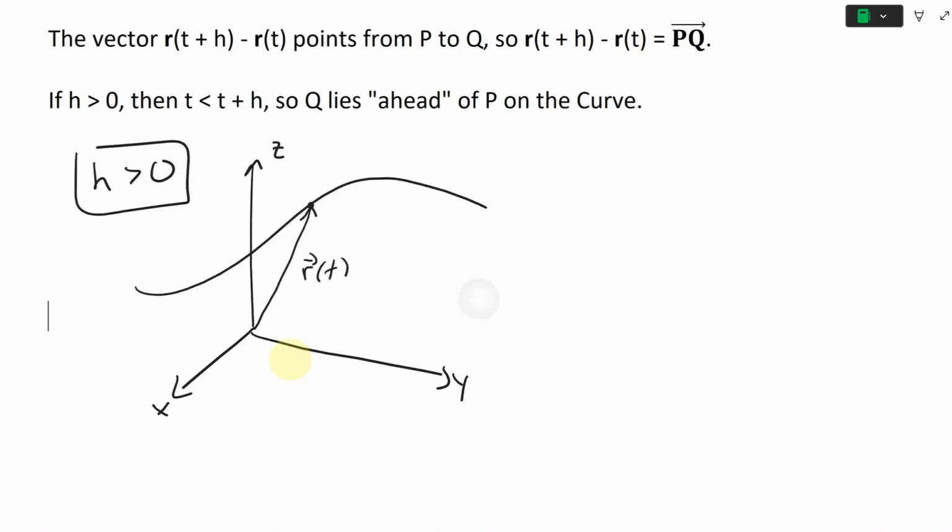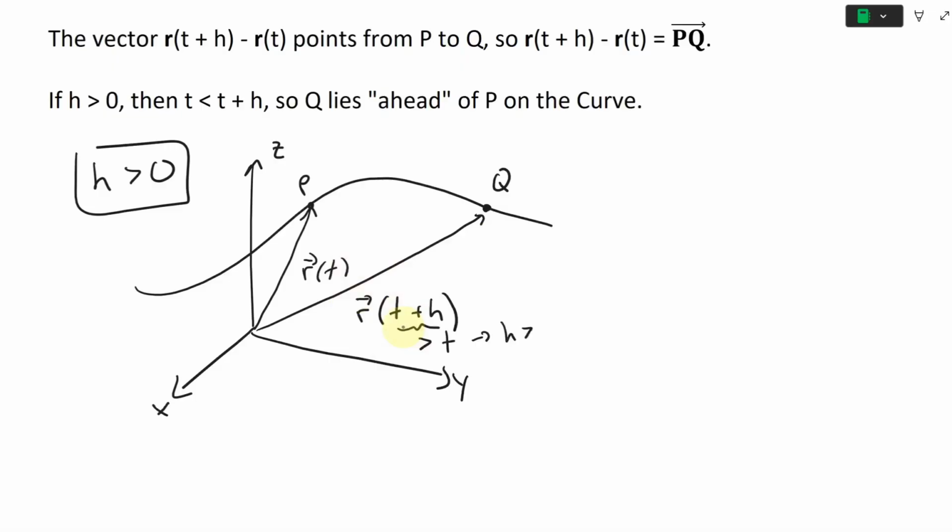And let's say we have a point Q right here, which I'll extend out. This one right here is r of t plus h. If this is greater than t, in other words h is greater than 0, then this has to be bigger than it.